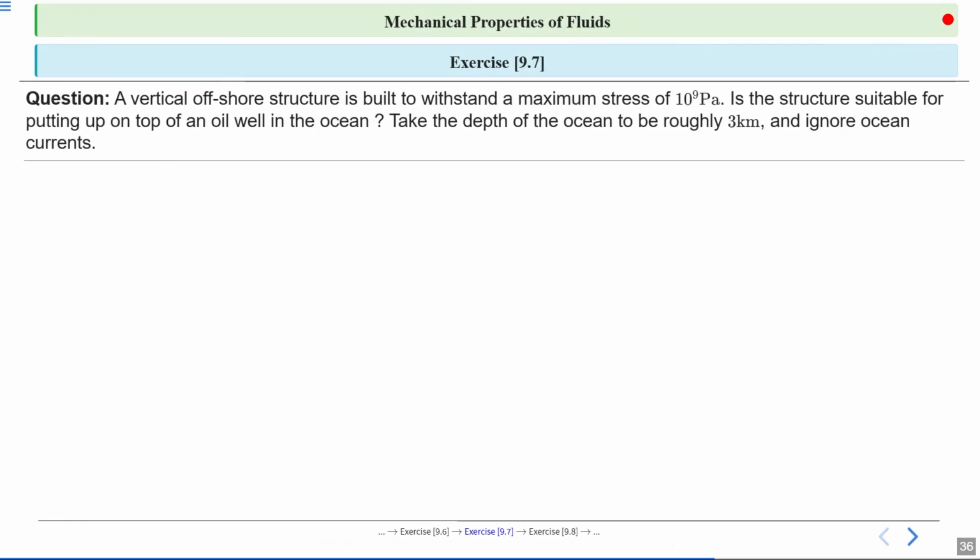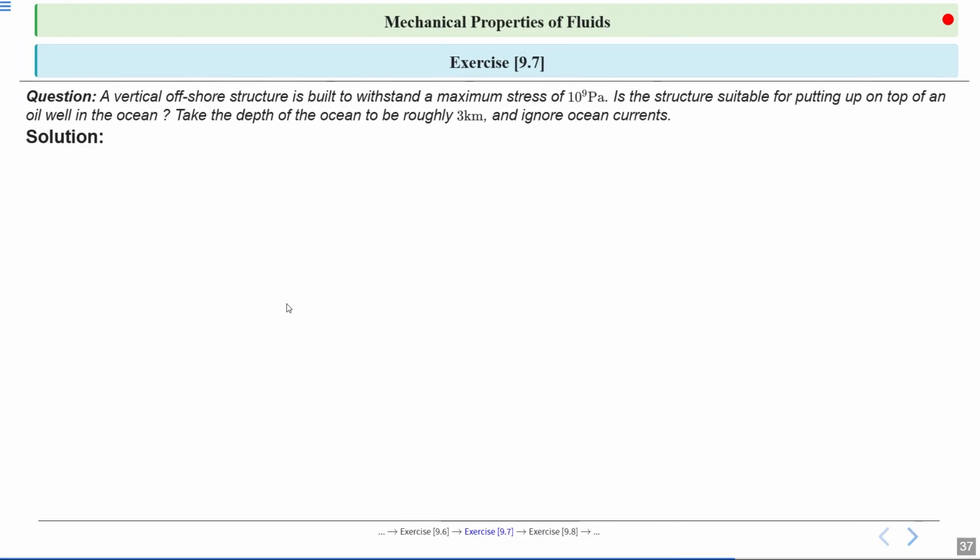A vertical offshore structure is built to withstand a maximum stress of 10 raised to the power 9 Pascal. Is the structure suitable for putting up on the top of an oil well in the ocean? Take the depth of the ocean to be roughly 3 km and ignore ocean currents. Let's see the solution.